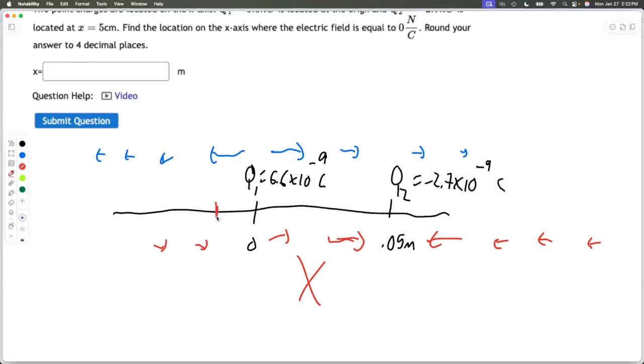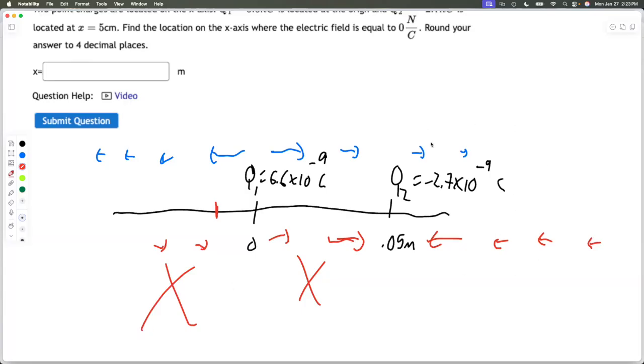So at this location right here, I'm closer to Q1, which wants to make his force bigger, and Q1 is also bigger, which wants to make Q1's blue vector bigger. There's no way this blue is going to cancel out this red. Any place over here, I'm always closer to the bigger one. The bigger one's going to win. So there's no way over here.